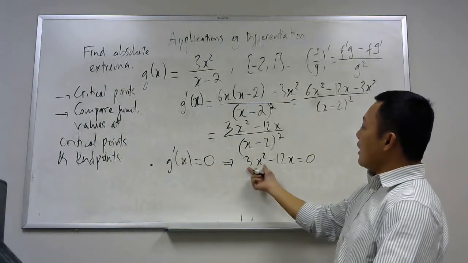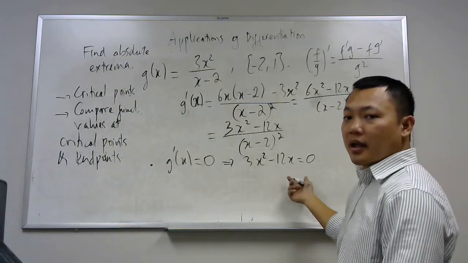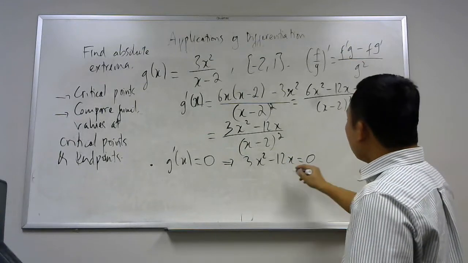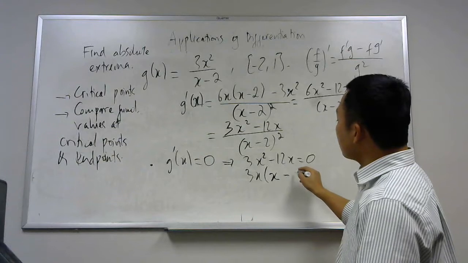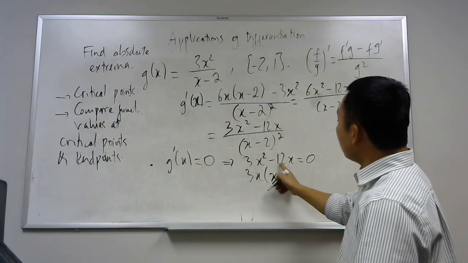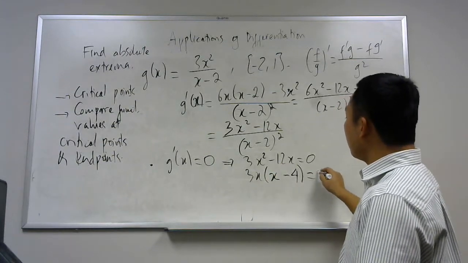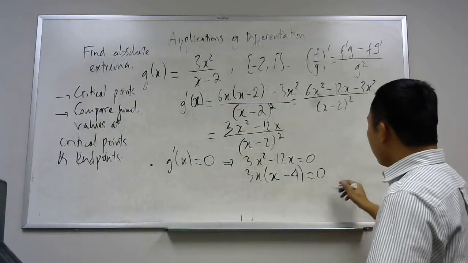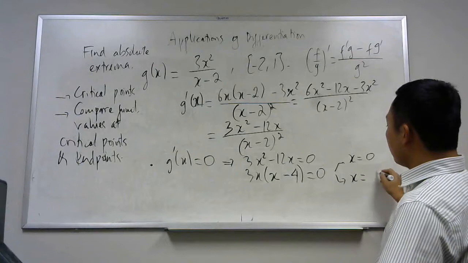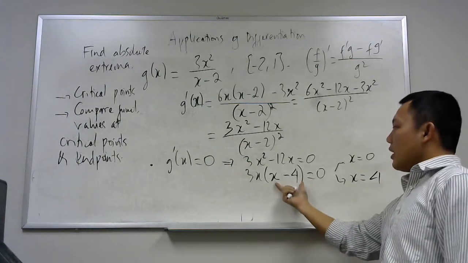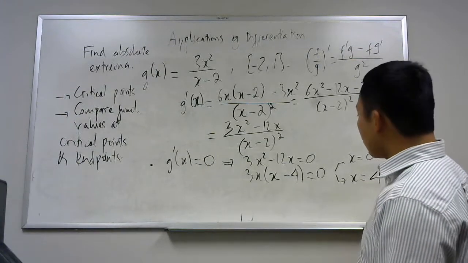I can factor: 3x times (x minus 4) equals 0. From here I get x equal to 0 or x equal to 4.